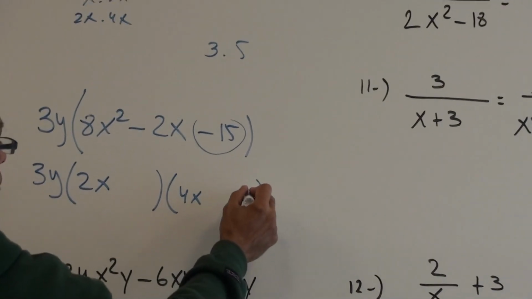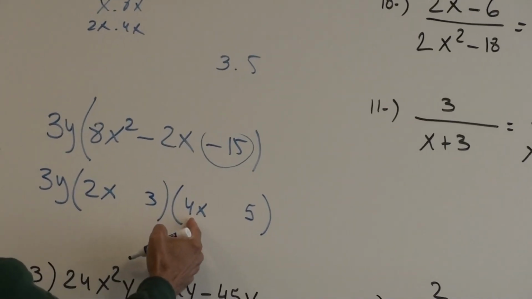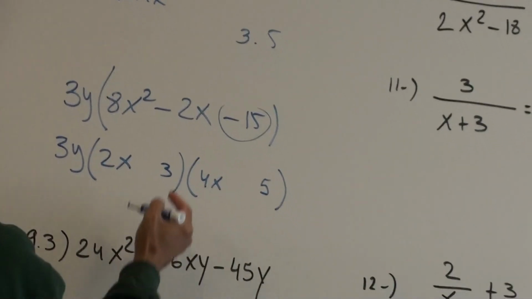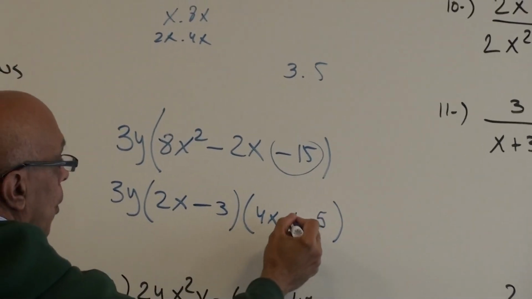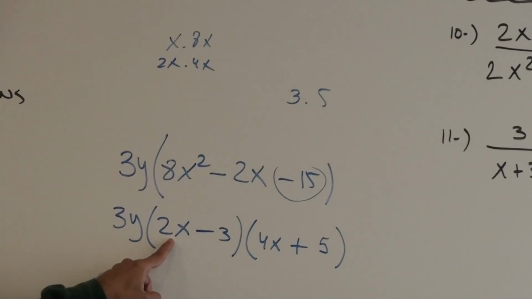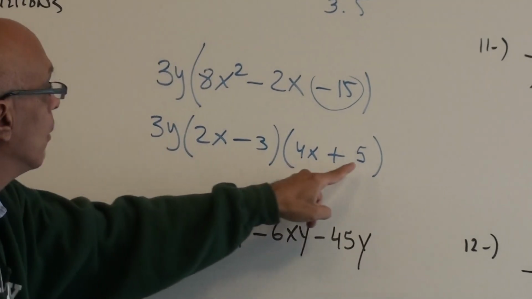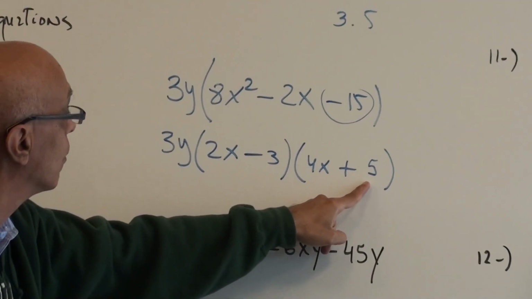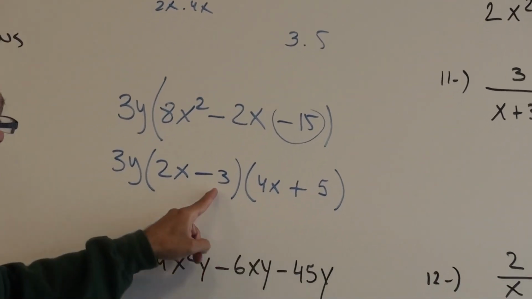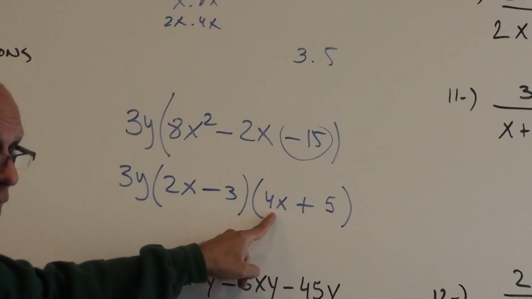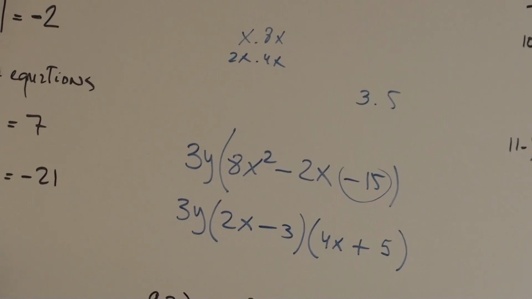So if I put 5 here and 3 here, 3 times 4 is going to be 12, this is going to be 10. This one has to be the negative, because I need a negative 2 and a positive there. So now I see 2x times 4x is 8x squared, 2x times 5 is positive 10, then negative 3 times 4 is negative 12, and then negative 15, so that's a good match. So that's how you get this one done.